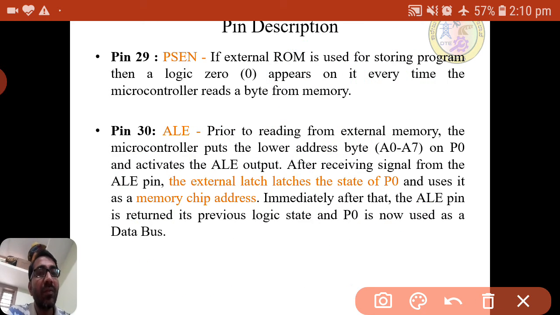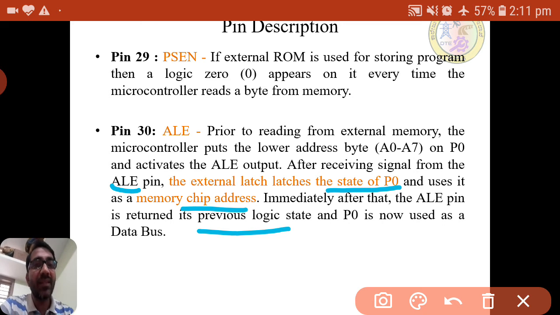Now the same thing here. After receiving the signal from the ALE pin, the external latch latches the state of P0 and uses it as an address. Once ALE becomes the previous logic state, meaning 0, again it will be used as the data bus.